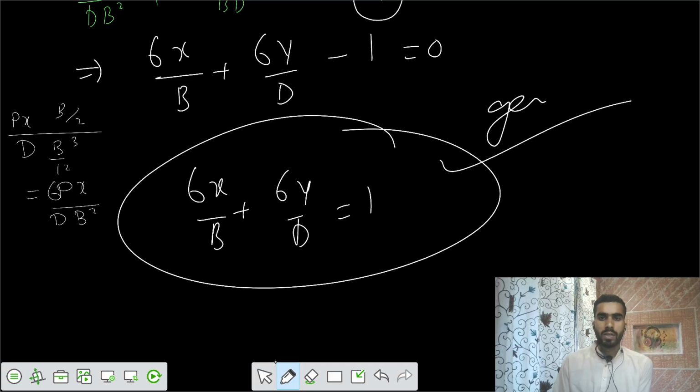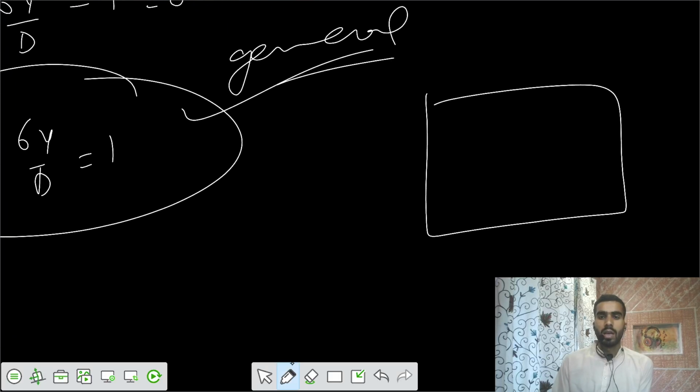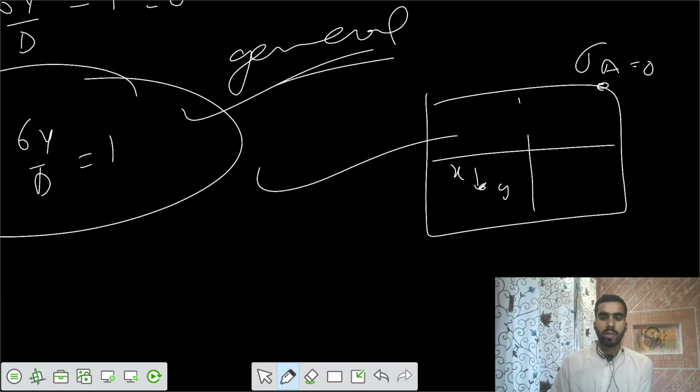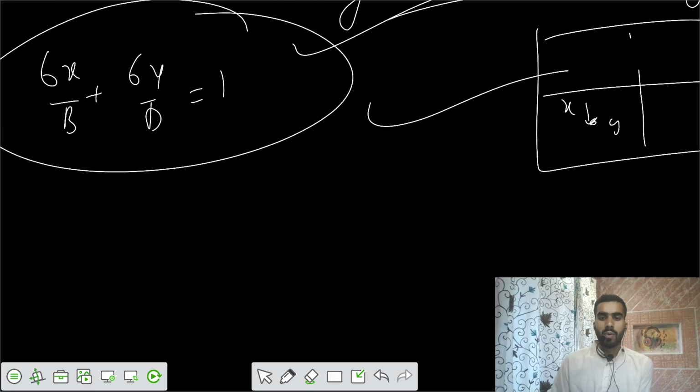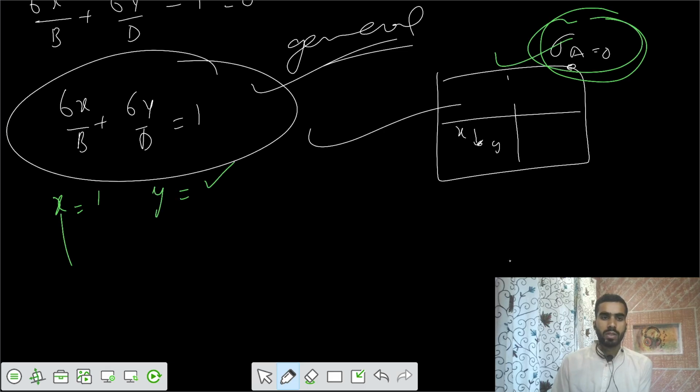This is your equation if your load was in the third quadrant at some value of x and y. I want the stress at A equal to 0, and this is your equation. If you substitute a value of x, what should be the value of y such that the overall stress at A equals 0?